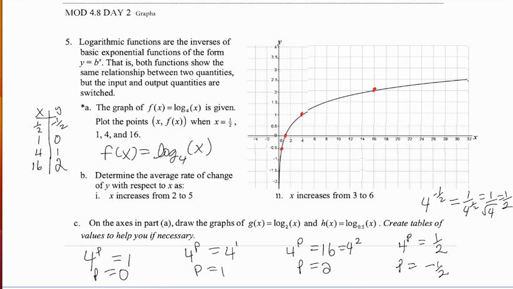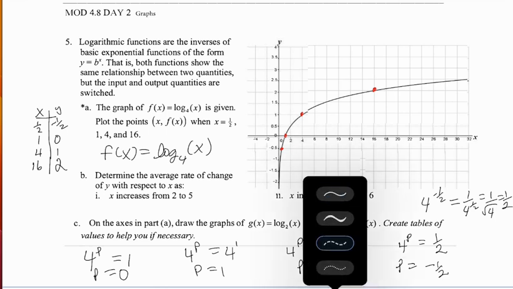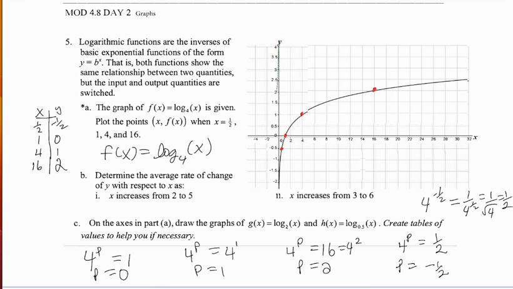Now, this function has what is referred to as a vertical asymptote. A vertical asymptote is a line that we never ever cross, but we get super close to.